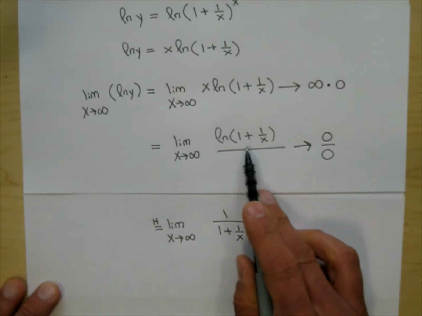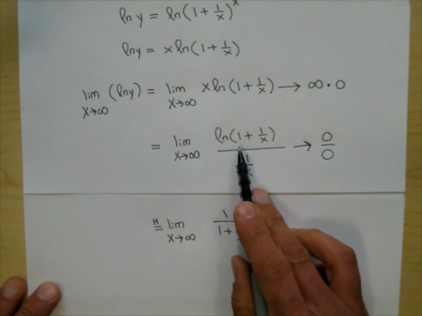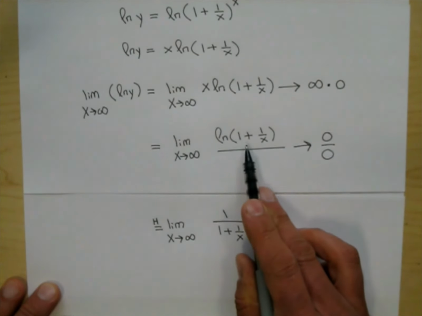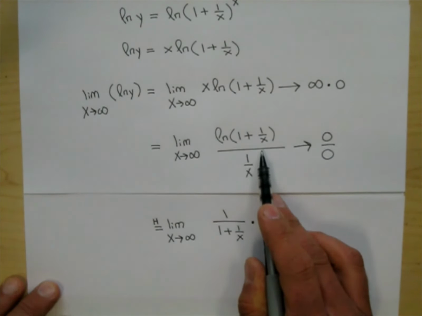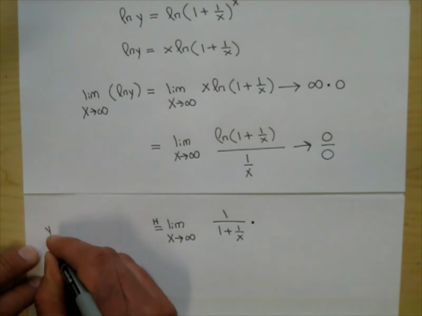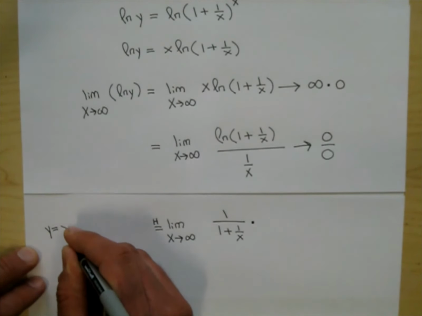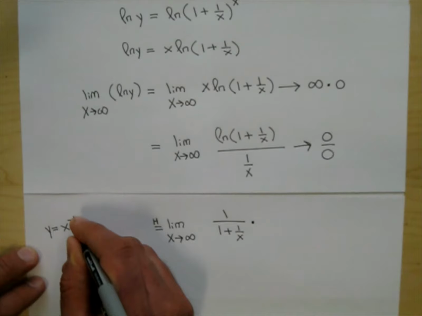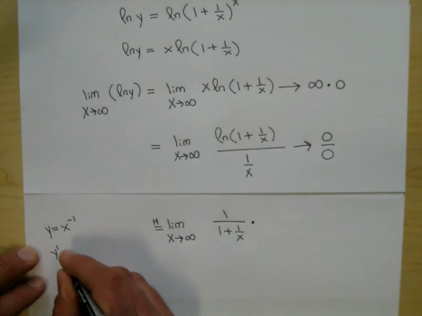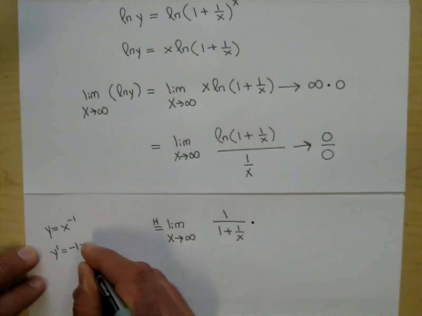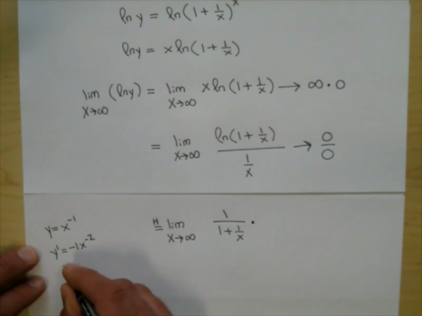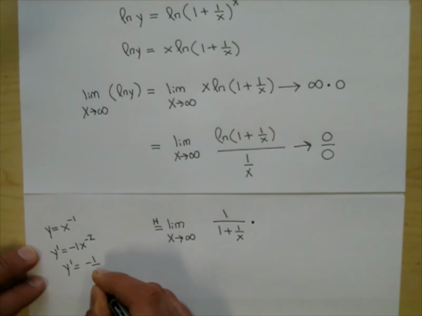Well, the derivative of the stuff inside the parentheses: the derivative of 1 is 0, and the derivative of 1 over x, I'll just do this off to the side. 1 over x is x to the negative 1, and the derivative of that is negative 1 x to the negative 2. So y prime is really negative 1 over x squared.